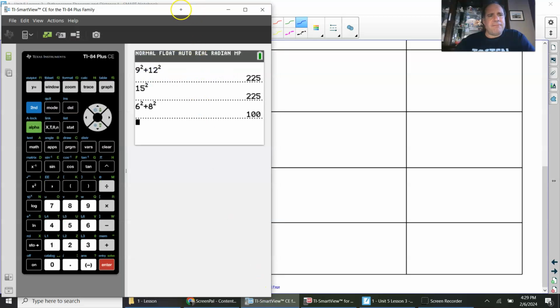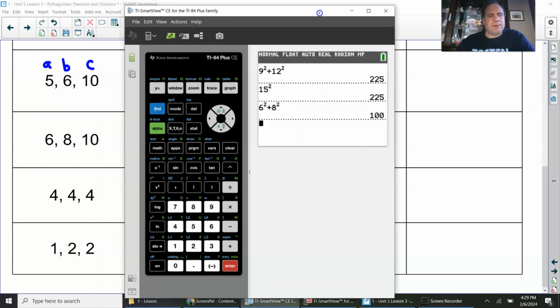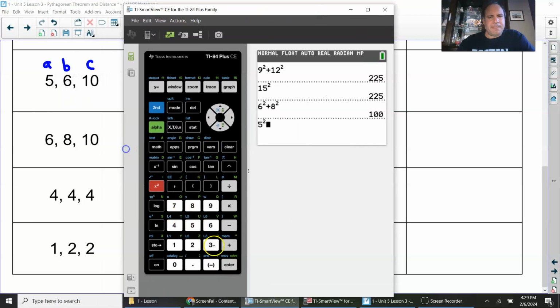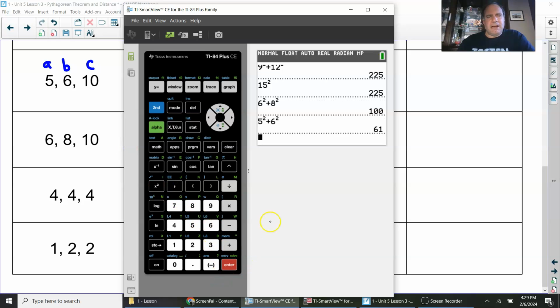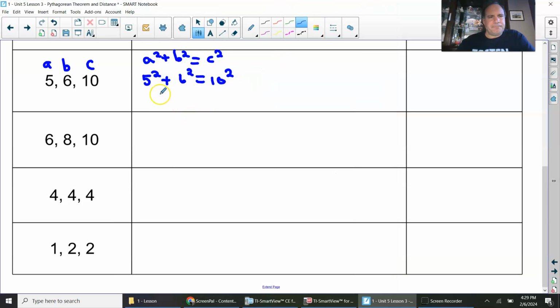So I am going to just put 5 squared plus 6 squared into my calculator. I'm going to get 61. And that does not equal 100. This is not a right triangle.